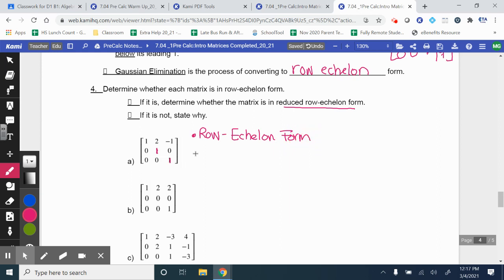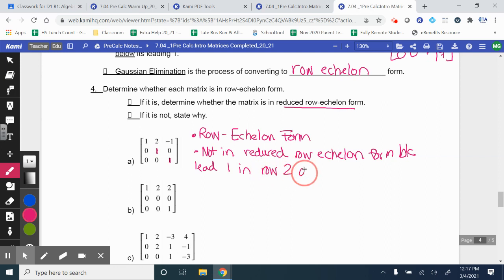You've got your leading ones in the front of each row, but it's not in reduced row echelon form. And that's because the leading ones in rows 2 and 3 don't have all zeros above them.